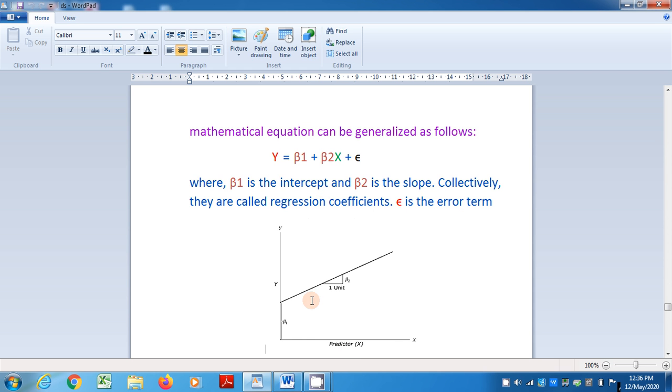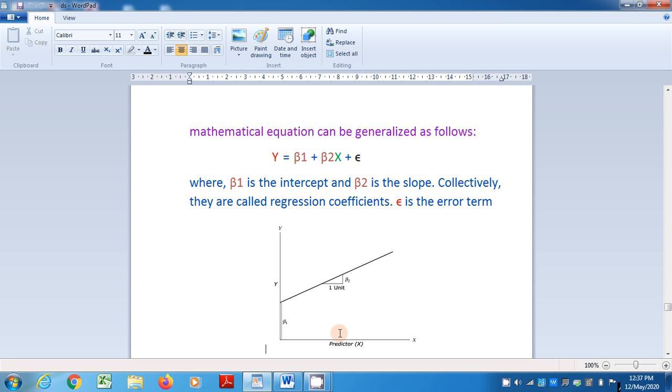Look at this diagram here. On the x-axis we plot the independent variables, that means x variables, and on the y-axis we plot the dependent variables. In our data set, while training the machine, we have input variables as well as output variables.